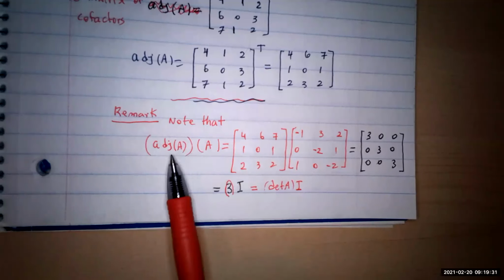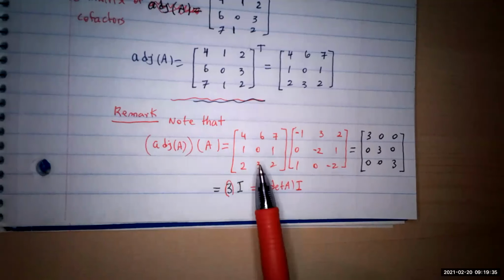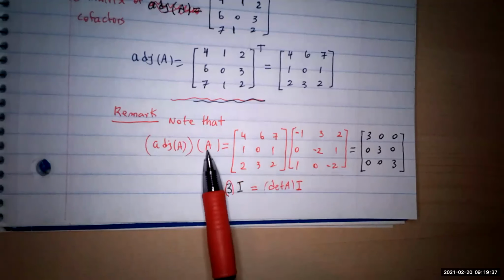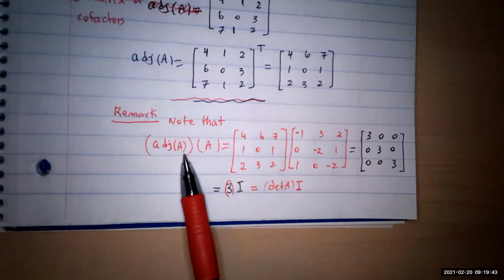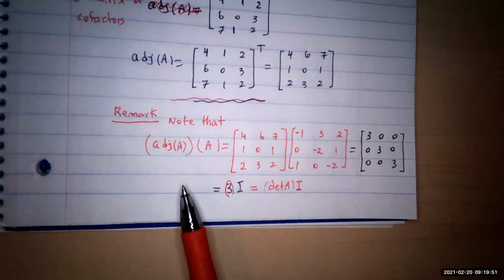So this means these two are going to be inverses. This basically means if you want to find the inverse of A, the inverse of A would be just the adjoint matrix divided by the determinant. That's the property. If you write it down in a_ij form, you will get the same thing.